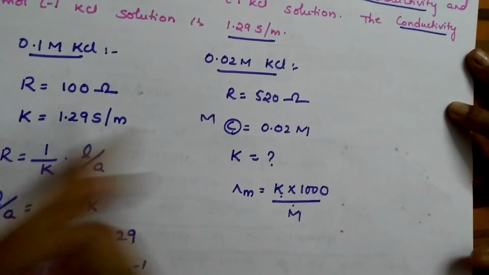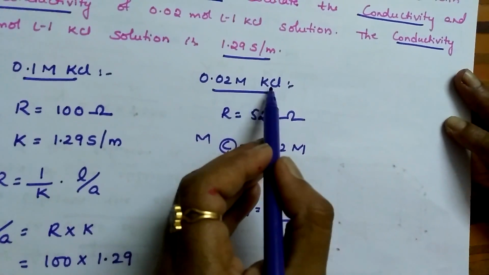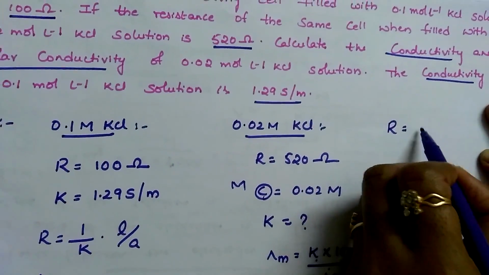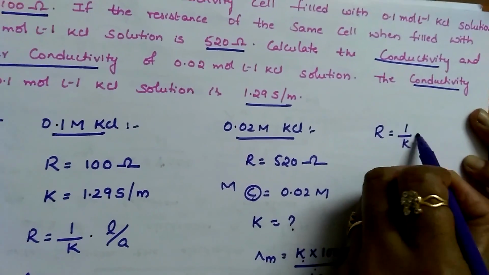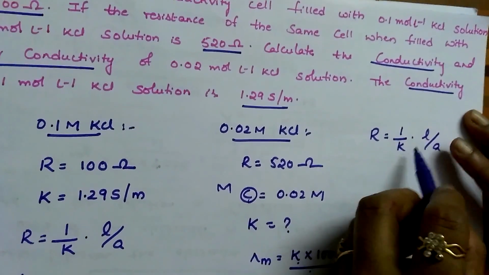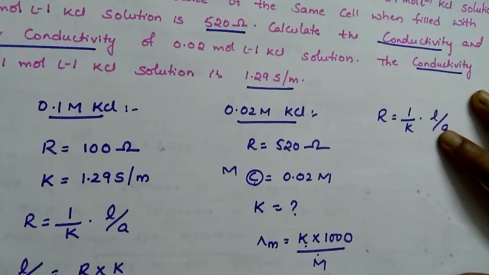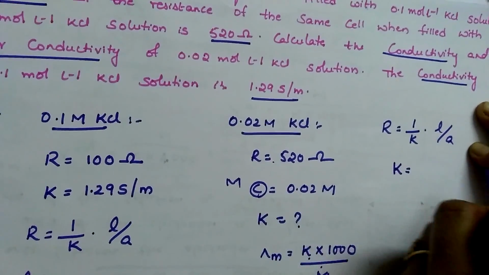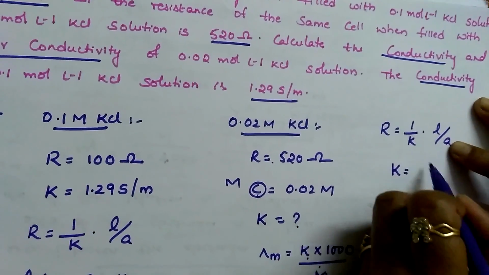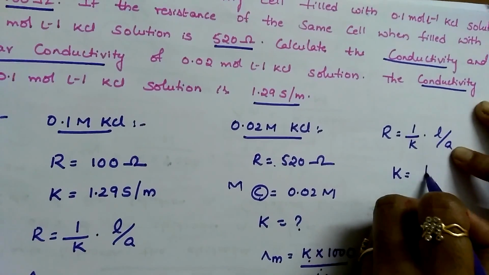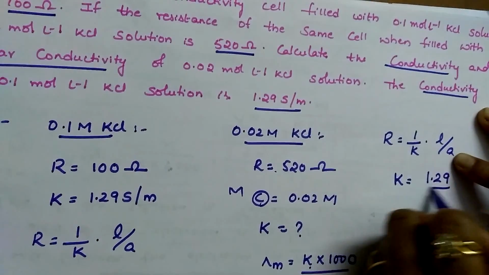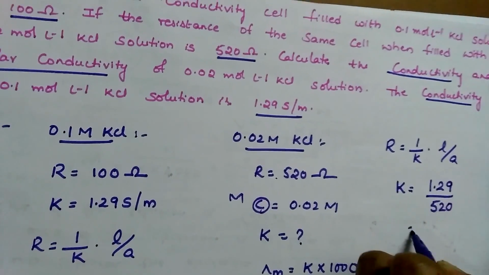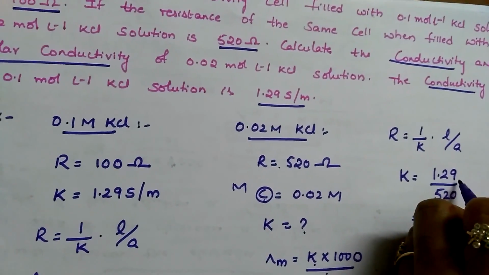And let us see the second solution, 0.02 molar KCl solution. Resistance R is equal to 1 by K into L by A. We got the cell constant value and the resistance is already given in the question. Then we can find conductivity K is equal to cell constant 1.29 divided by its resistance, 520. What are the units for this, students?